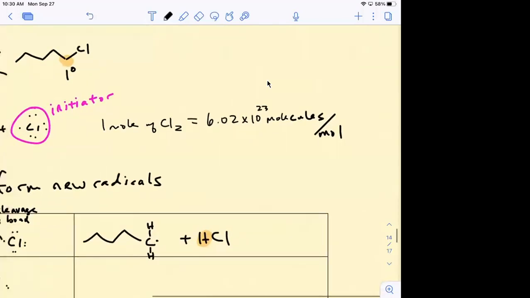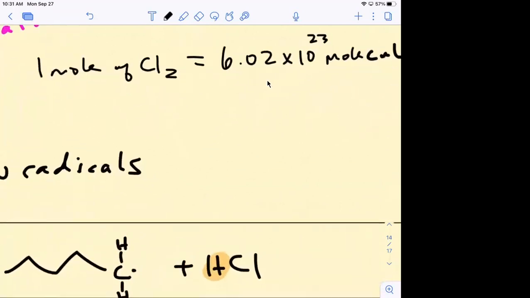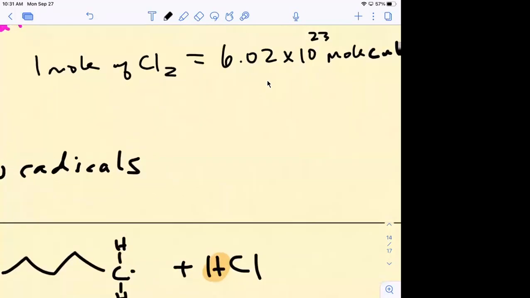So there's enough chlorine that it'll never run out, let's put it like that for the purpose of this reaction. Because for every one mole of Cl2, there's 6.02 times 10 to the 23rd molecules. So you've got a bunch of these things floating around in solution. It's not infinite, but it won't run out for the purposes of this reaction.